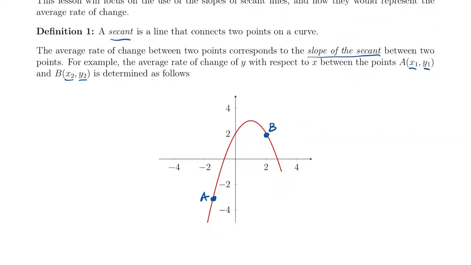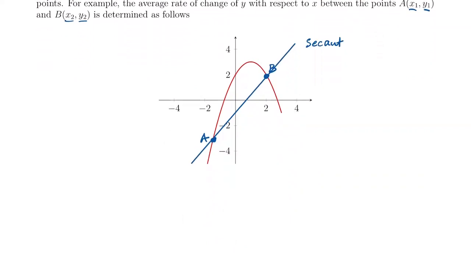The slope of the secant line, by definition, connects 2 points on a curve. So if we connect A and B together like this, that is your secant line. This blue line over here is a secant. This determines the average rate of change between the 2 points A and B.